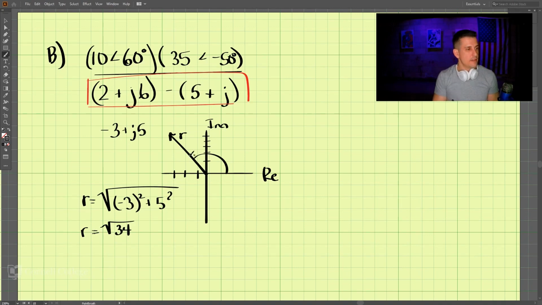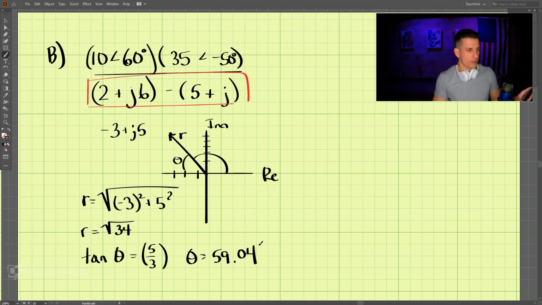And this angle here, theta, tangent of theta, is equal to 5 divided by 3. And so theta comes out to be 59.04 degrees.